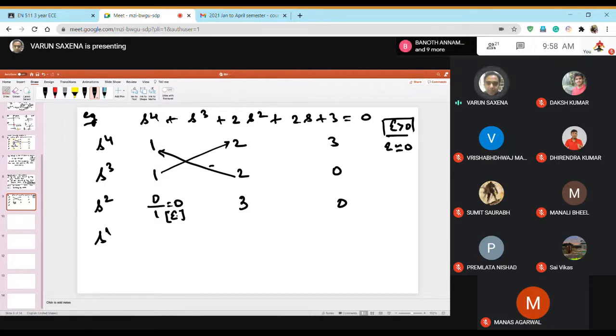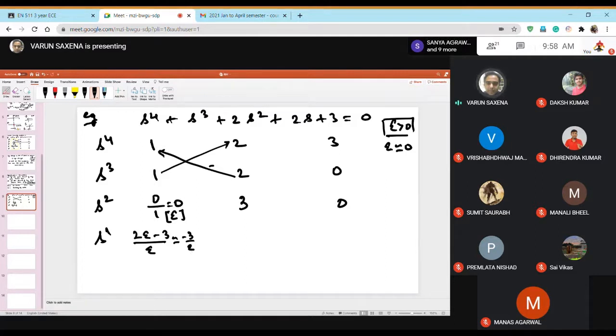So if epsilon is here, then what will be the element here? The element here will be 2 times epsilon minus 3 by epsilon. Since epsilon tends to 0, this value will nearly be equal to minus 3 by epsilon. We are taking it to be extremely small.